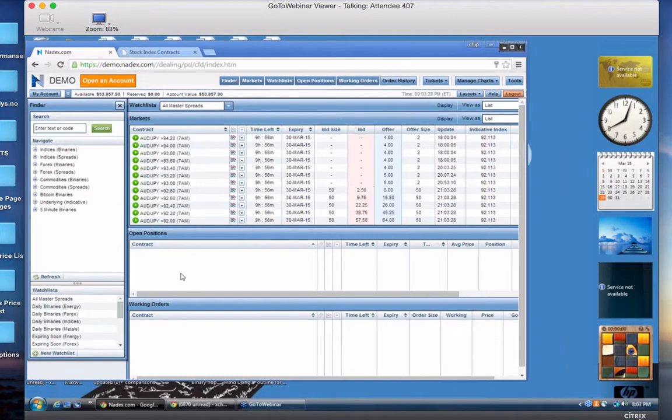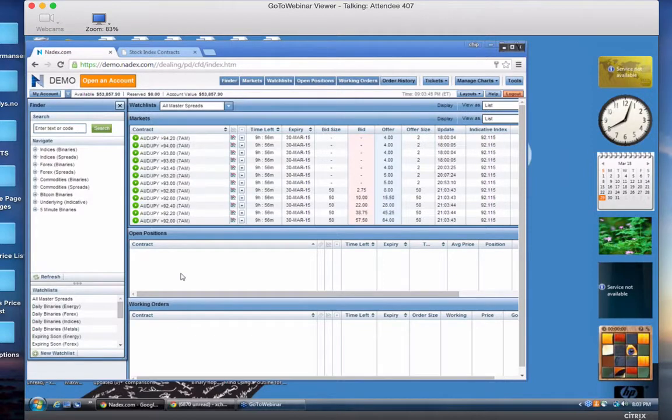Nadex really offers a bunch of different payoff returns, and I think I'll start off by comparing our binary that is at the money to some of the offshore ones.